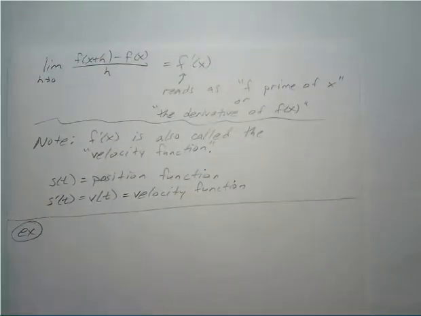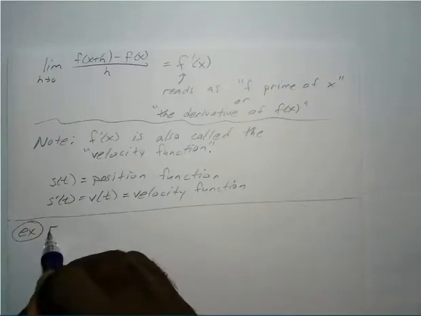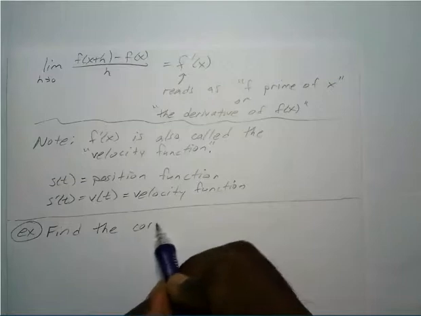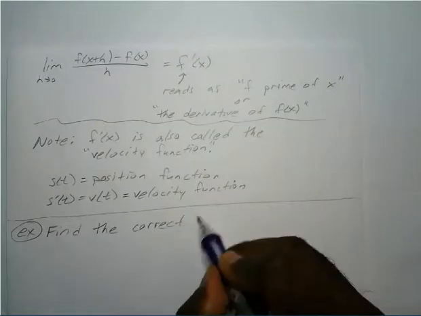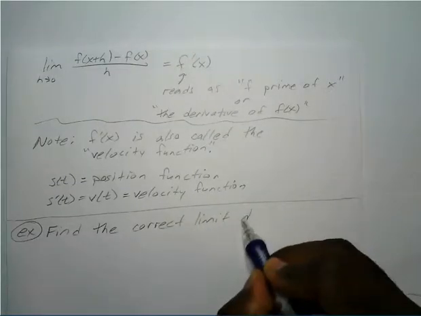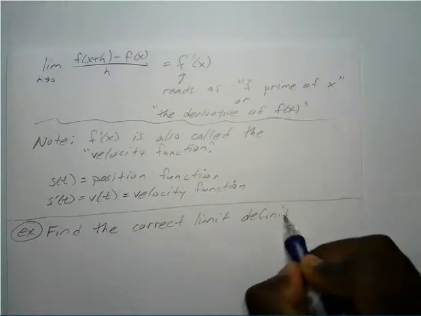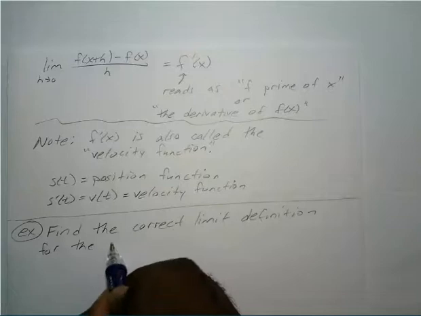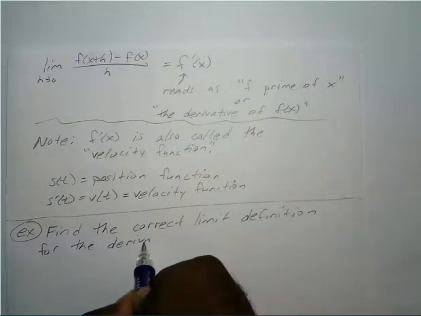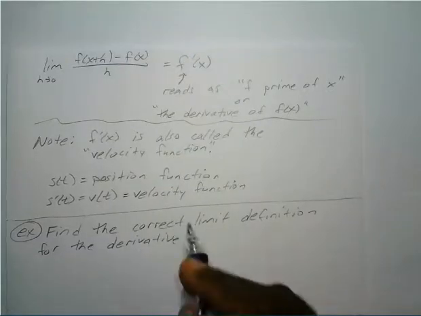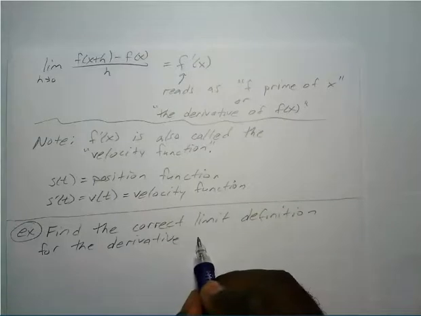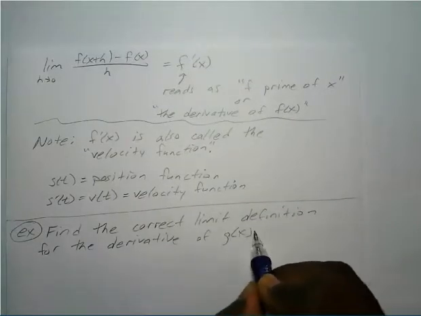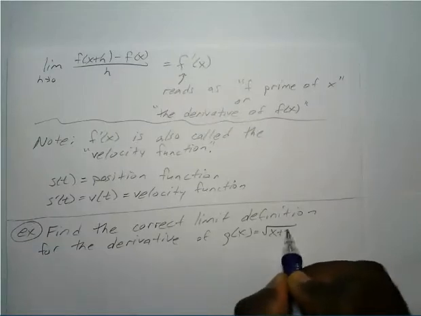Okay, so let's say, for example, we want to find the correct limit definition for the derivative of g of x equals the square root of x plus 1.